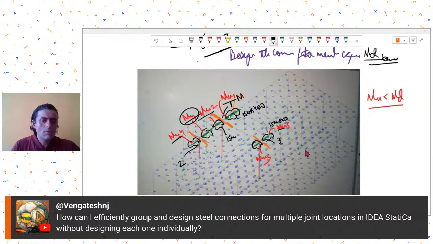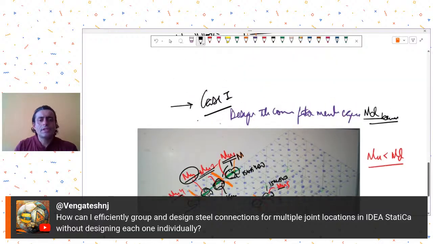So if you come up with a lot of different types for your connection, they may not be the very efficient way of doing it. So you may think that for Mu1 I will provide one connection type, for Mu2 I will provide another, for Mu3 I will provide even a different one. So that strategy will lead to six different connections, let's say for six different beams, and that I would not suggest. So what can be your different strategies?